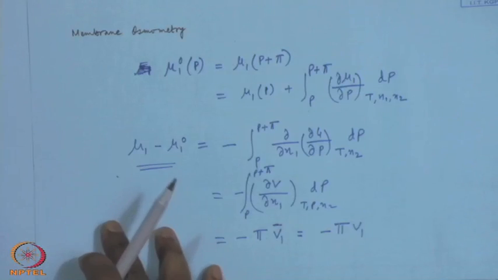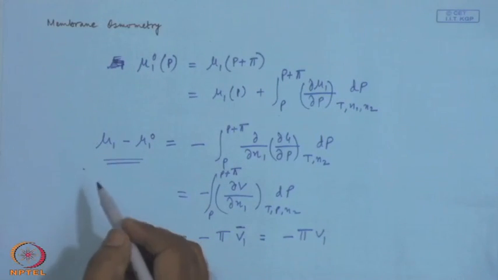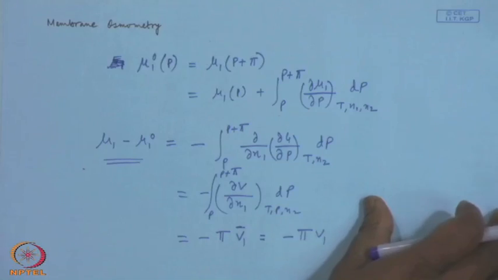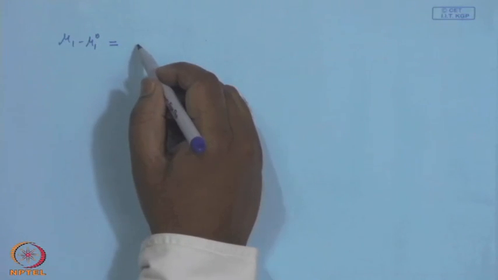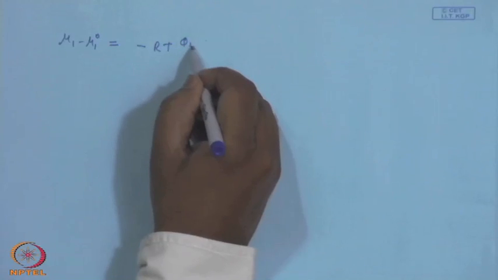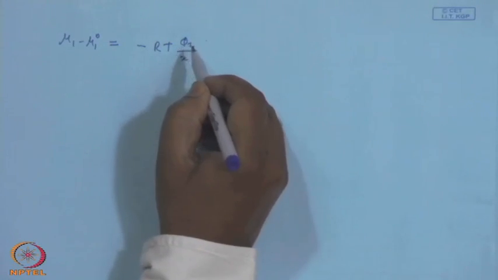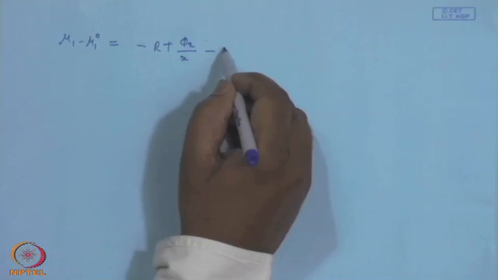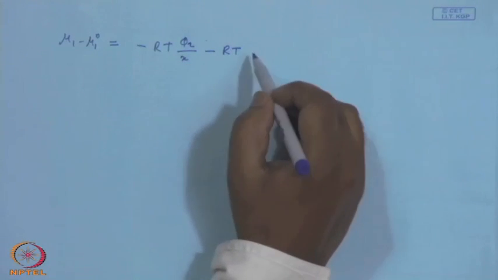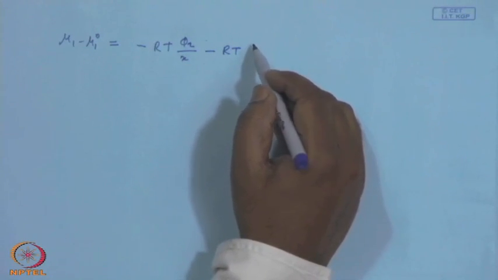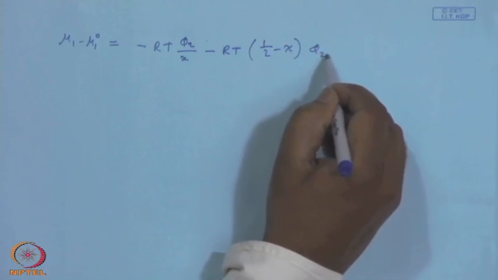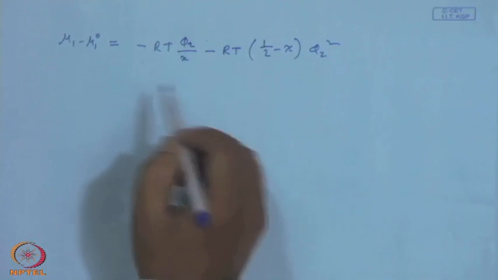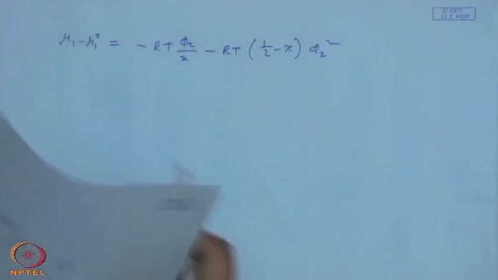If you can recollect, this term mu 1 minus mu 1 0 is minus R T phi 2 by x, where phi 2 is the volume fraction of the polymer and x is the number of segments of the polymer molecules, and so on.